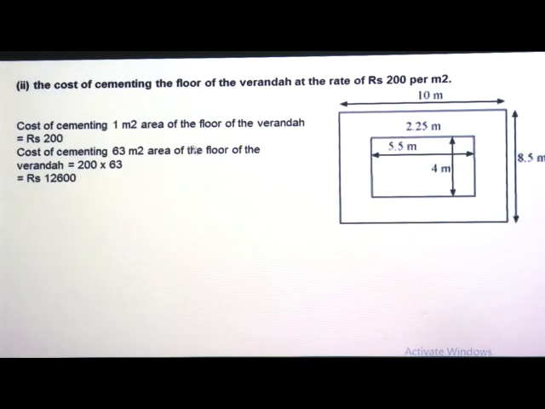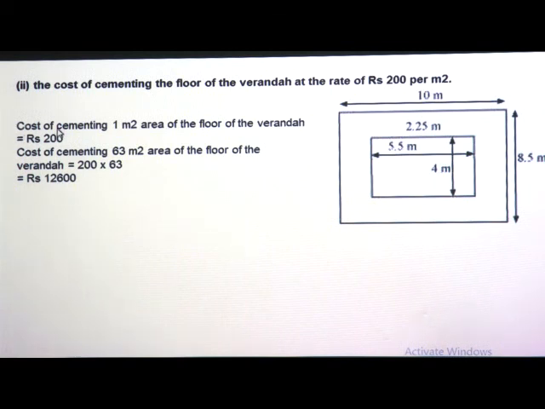So, the cost of cementing the floor of veranda at the rate of rupees 200 per meter square is already given in the question. Now, you know the area of veranda is 63 meter square, and the cost per meter square is rupees 200.